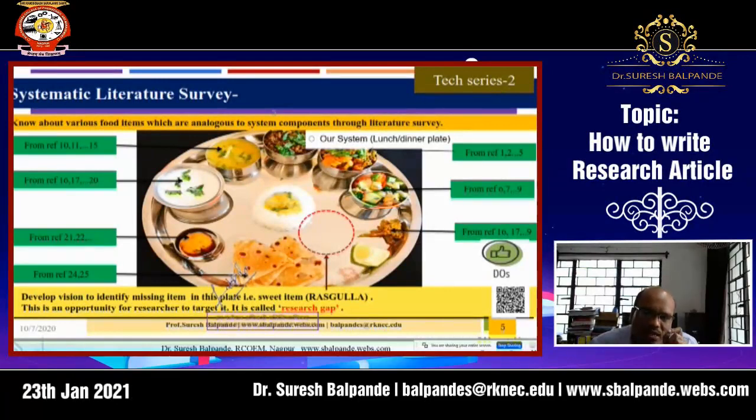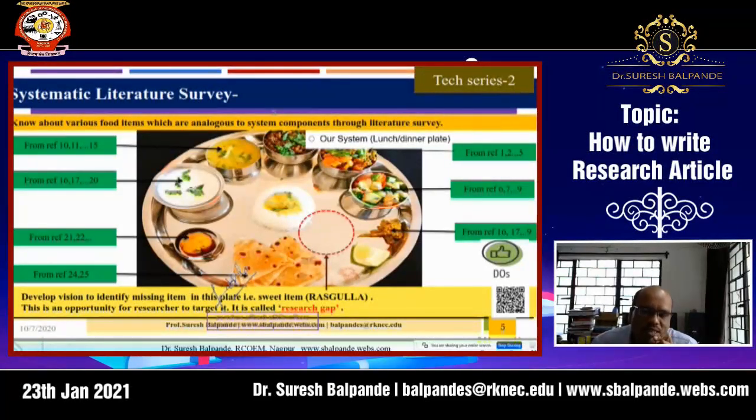So now this is the research gap, and you should work on this rasgulla. And you can propose a statement: development of a rasgulla recipe to enhance the taste of the lunch plate or the dinner plate. So you are enhancing, that will be the outcome of your research.